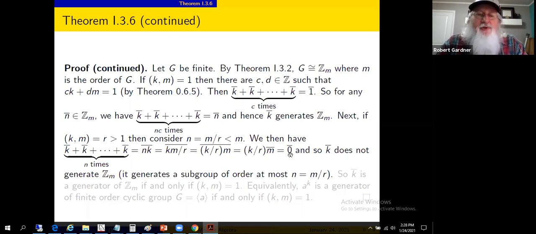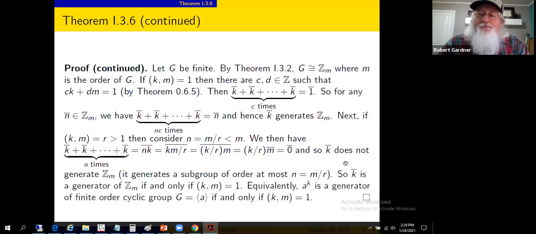It hit 0 too early. We took n times K bar, n being something strictly less than m, and the equivalence class containing n was never generated. We reached 0 too soon. So what we're getting then is a subgroup of order at most m over R out of this. It's not generating all of Z sub m.